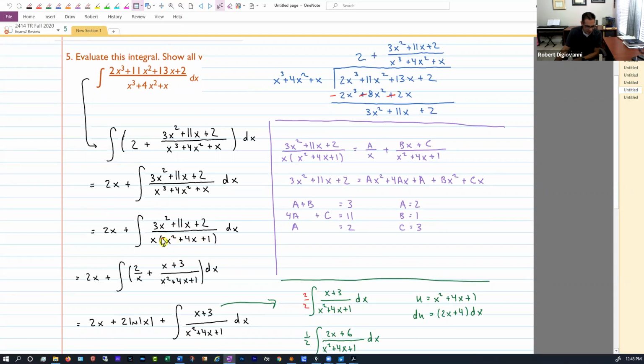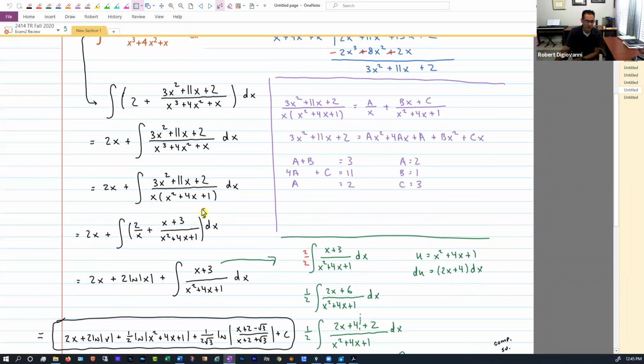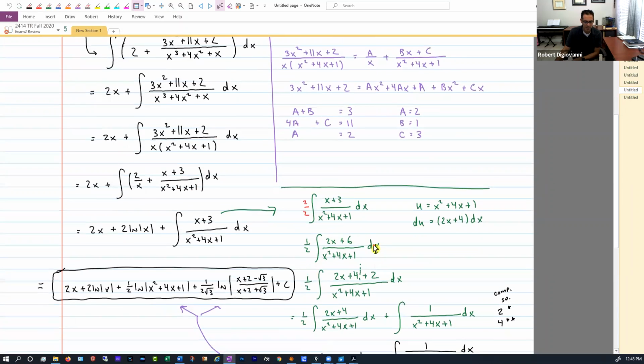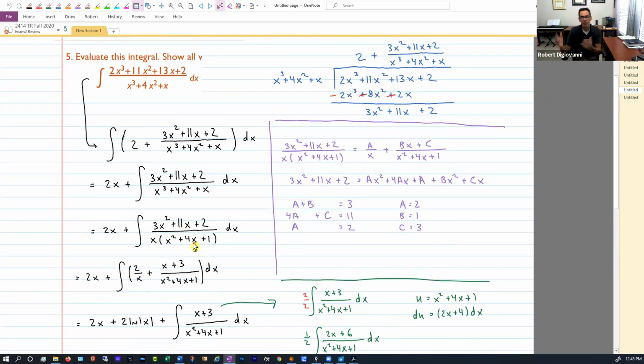And this piece right here is not factorable. So you have to go through this ugly process. But if it was factorable, then you would do something else. So just be very aware of the difference between having a linear over an irreducible quadratic versus a linear over a reducible one, because the techniques are completely different for those two.